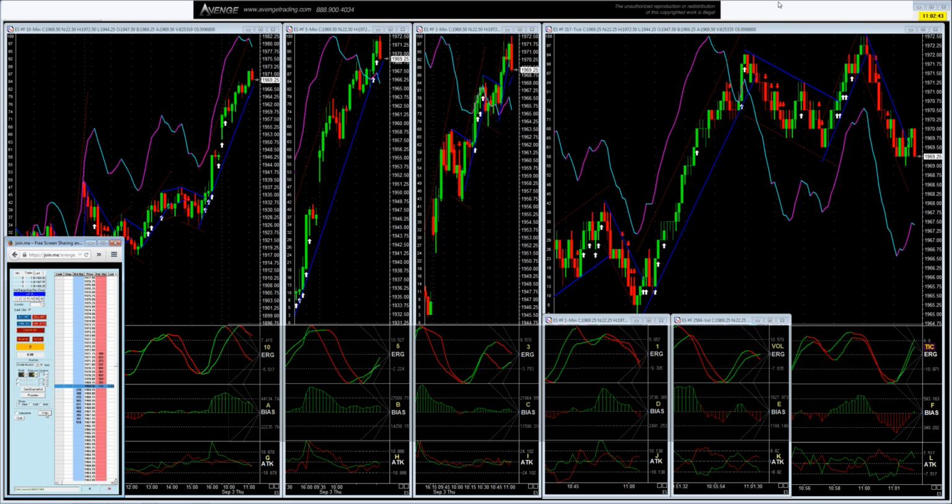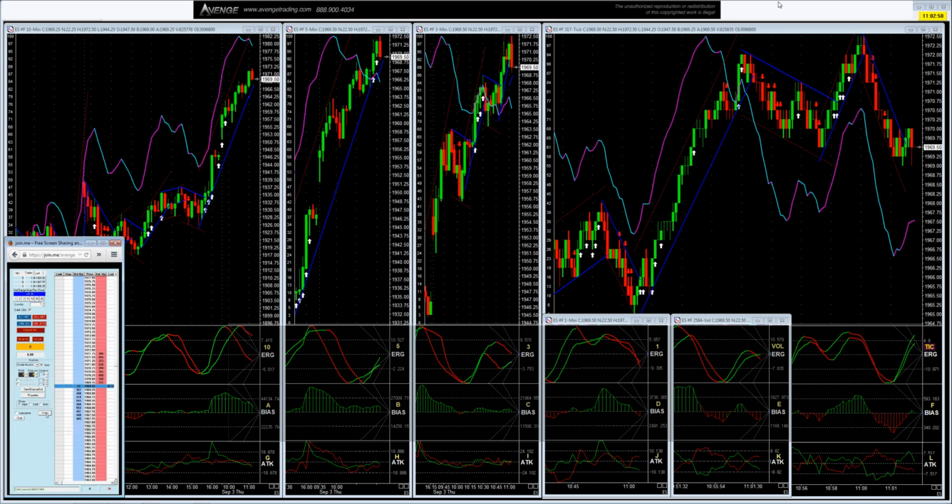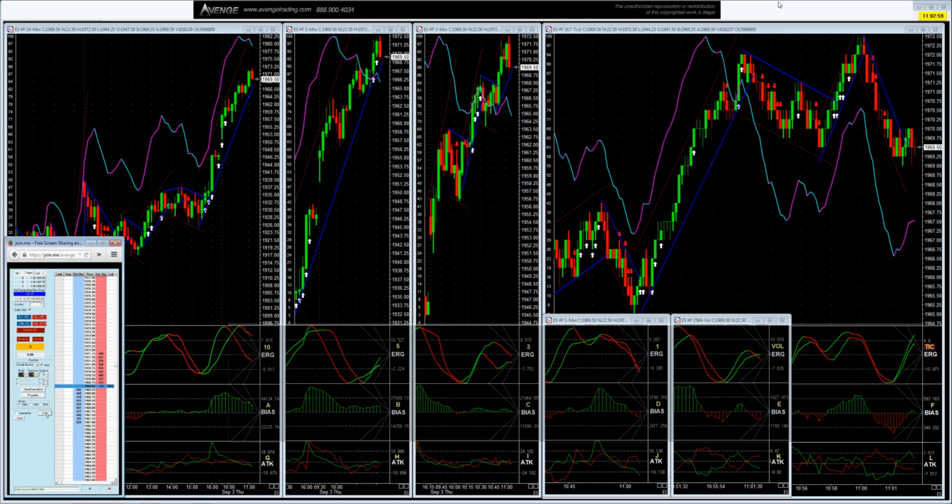And realistically, on a day like today, what I personally would like to see is we identify a setup as 2 charts of a green direction, one of those charts being an ERG chart. What we're looking for in a setup is just 2 charts.